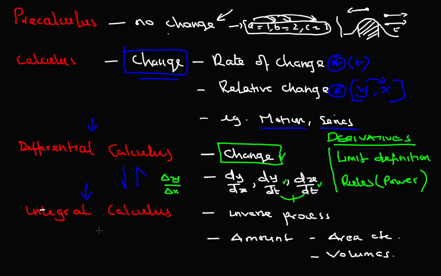Let's say I've got distance here. If I came and differentiated distance, what do I get? Let's say I've got distance as s, displacement, right? So I'll have ds over dt. So this one will give me displacement or distance.